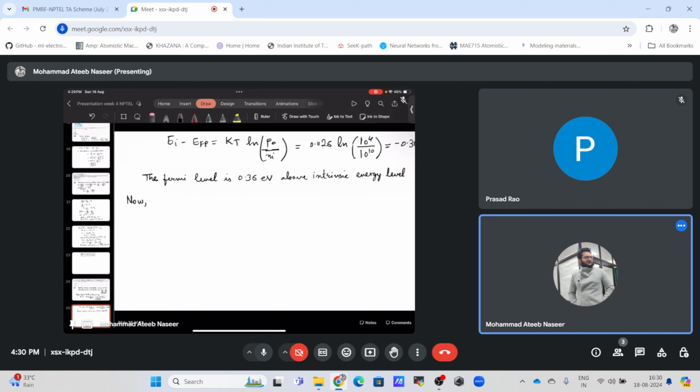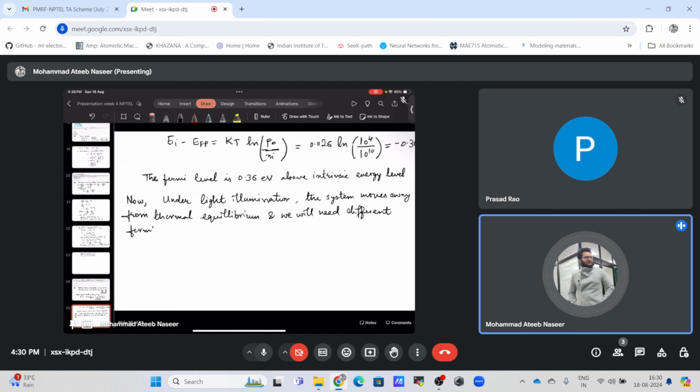Now, under this light illumination, what happens is the system moves away from this thermal equilibrium, and we will need different Fermi levels to capture electron and hole concentrations.